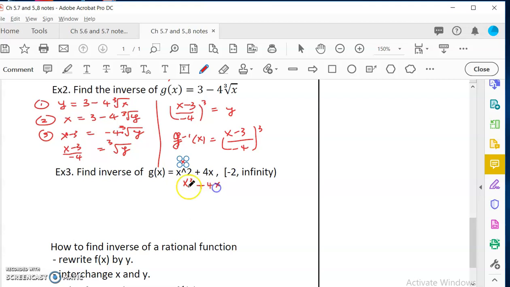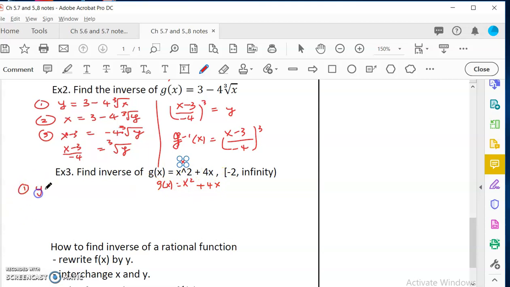So this is g of x, and we were given the domain from -2 to infinity. We want to find the inverse of it. If you restrict it from -2 and graph this function in Desmos, you'll see that it is a one-to-one function. So let's do all the 4 steps.